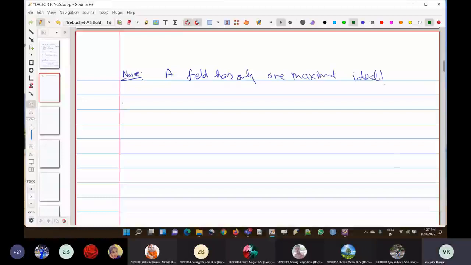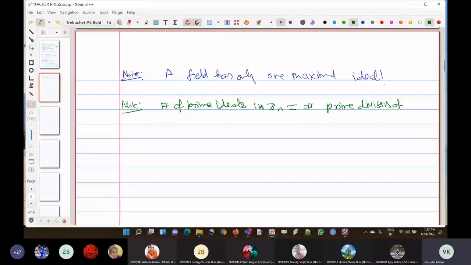So next note, the number of prime ideals in Zn is equal to the number of prime divisors of n.